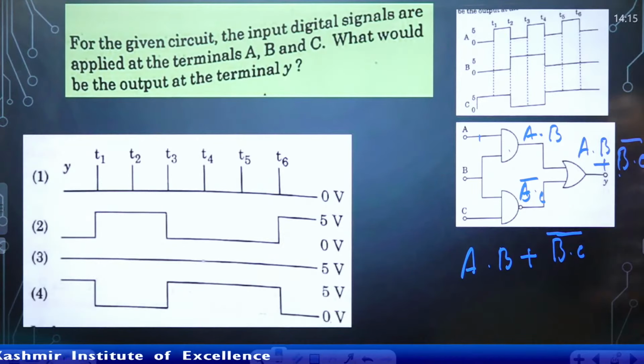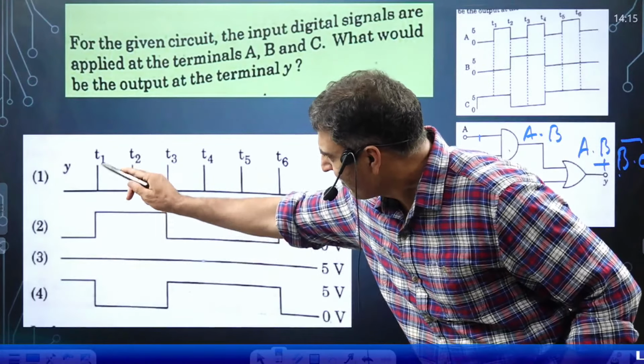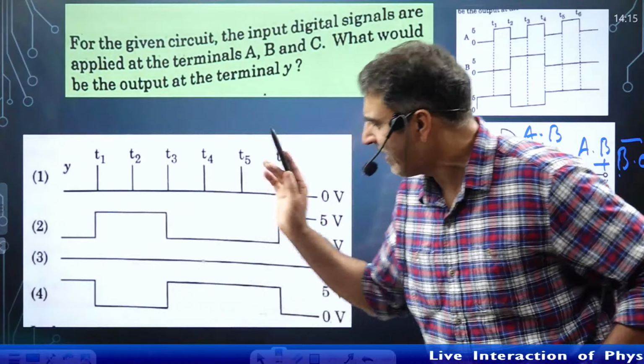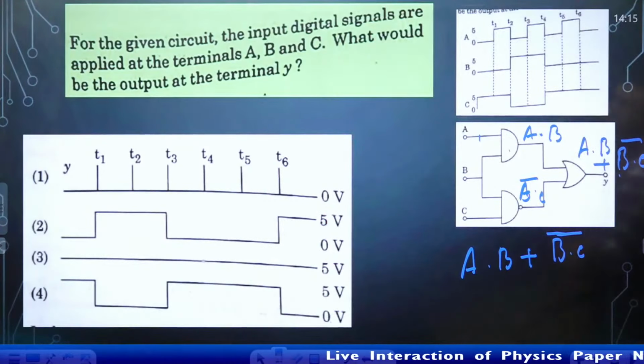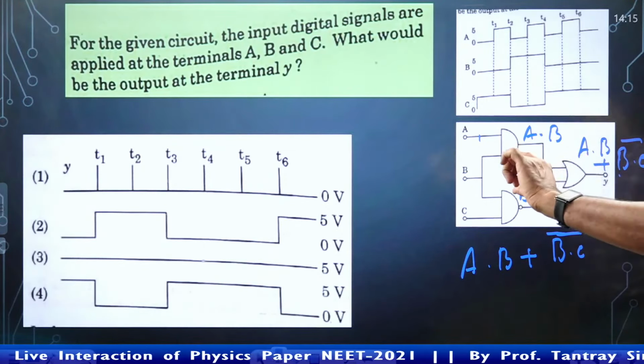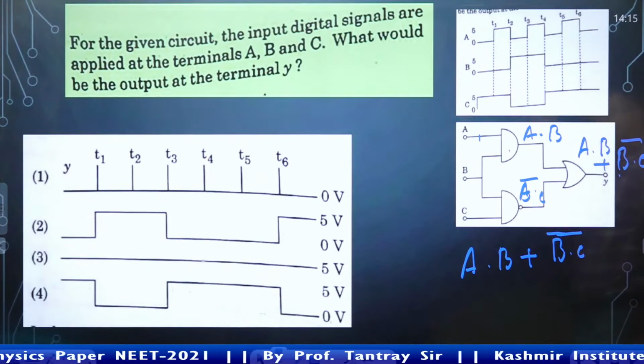Now I will check it only for two inputs. The rest will go, because two inputs are not the same here in three cases. I'll find only for two inputs, and then the answer will be clear. If two inputs are the same for 2 or 3, then I will go for the third input. Otherwise, two inputs will suffice.